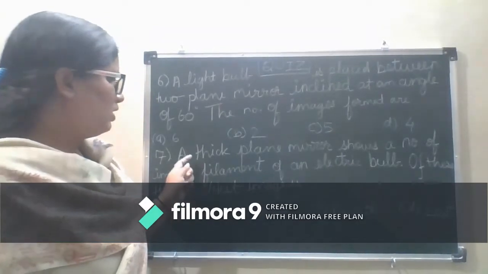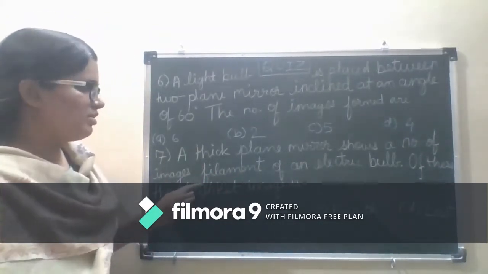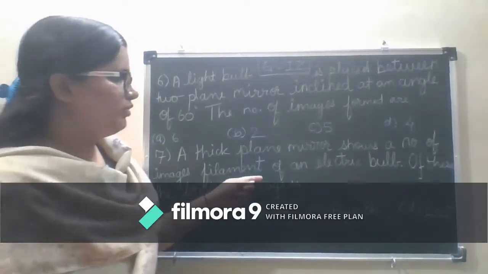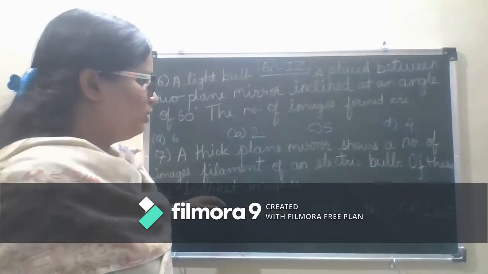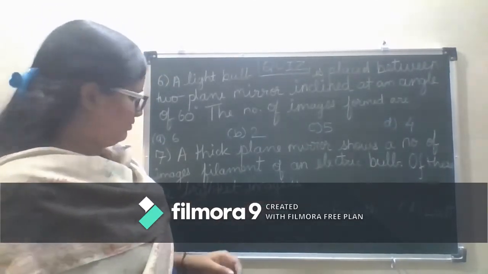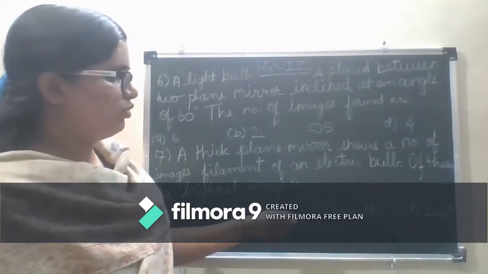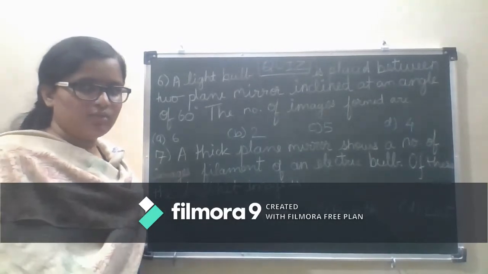And next, a thick plane mirror shows a number of images of the filament of an electric bulb. Of these, the brightest image is the first, second, fourth or last? These two examples are homework for you.